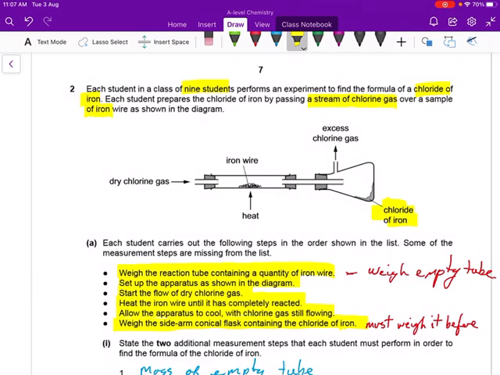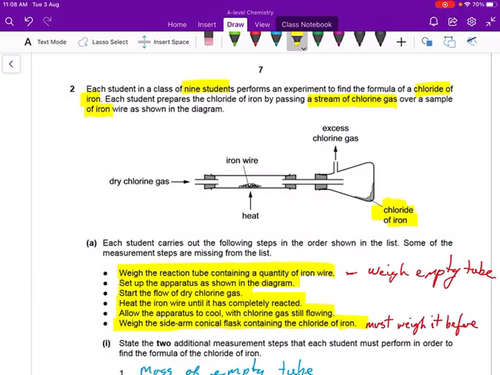You need to think about how to practically do this, and we did this in AS practicals where, for instance, you have your crucible, or a test tube with a mass of something in, and you want to determine the mass of that. So you must have the mass of X plus the tube, and then the tube separately, and subtract the 2 to get the mass of the substance.